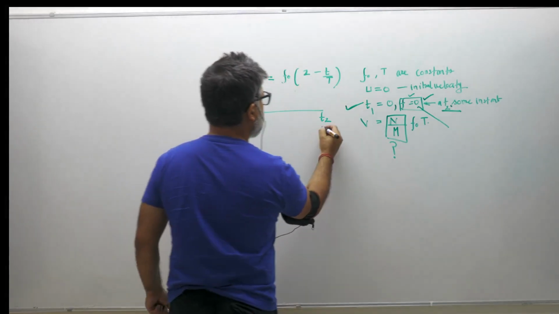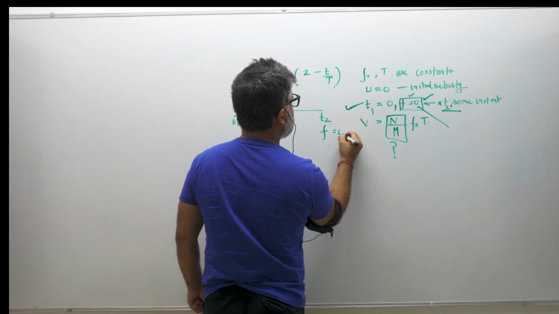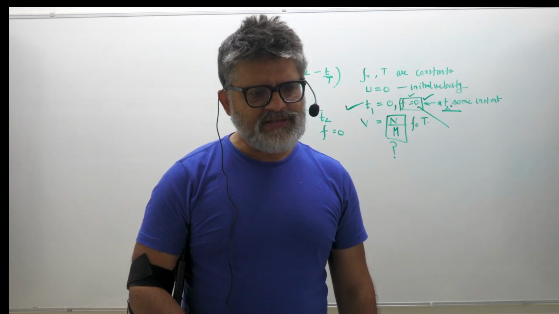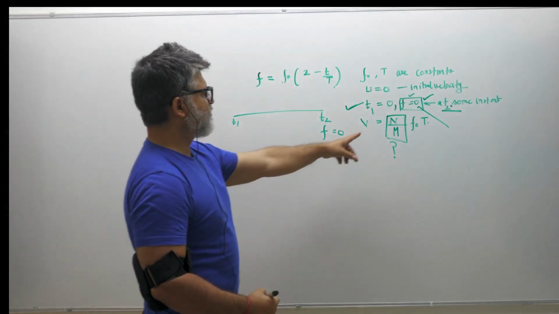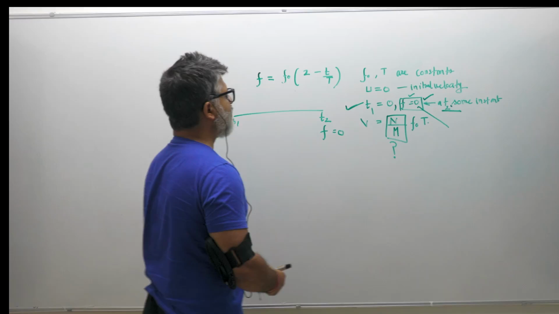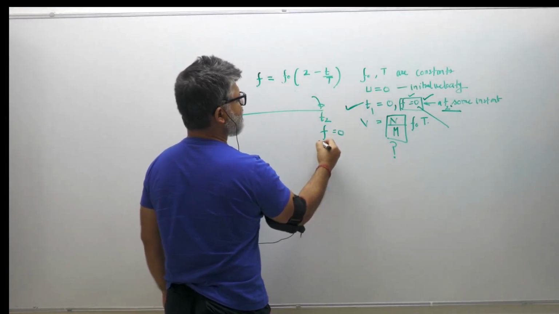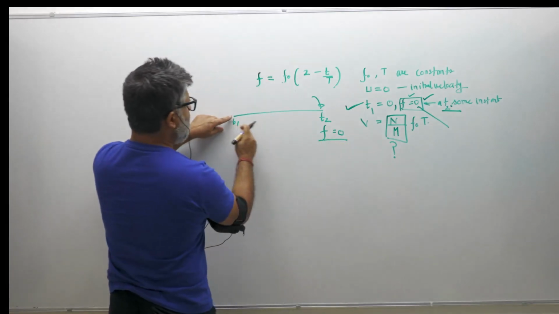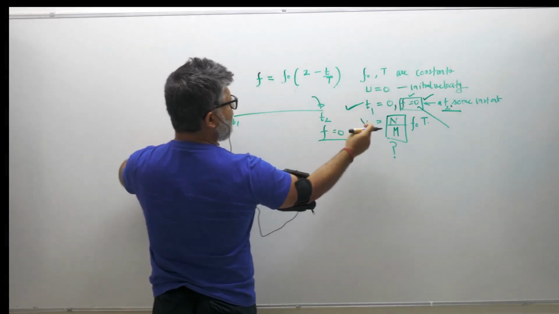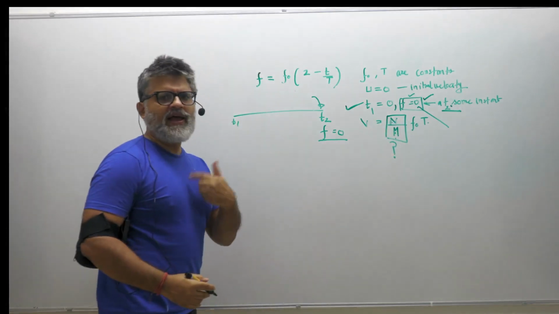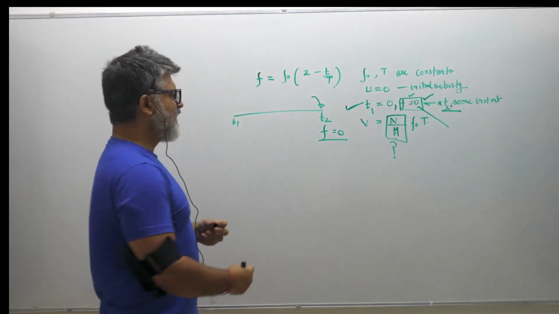So F is equal to 0 here. What is observed is that the velocity is found to be this much. Please find the value. So let's talk about this time instant when the acceleration is found to be 0. The velocity between these two is v equal to this. We have to find the value of n by m. I hope I have articulated it well enough and you have understood.